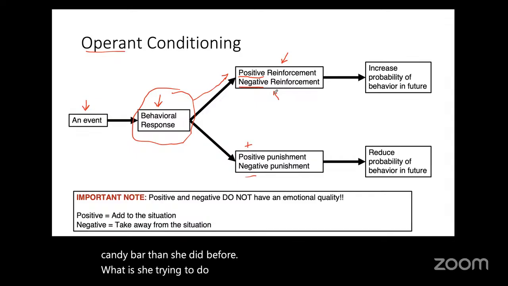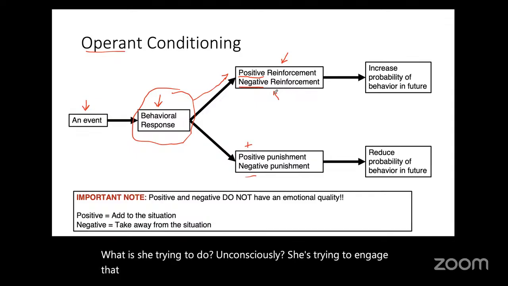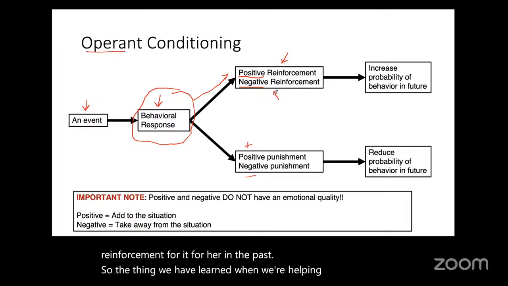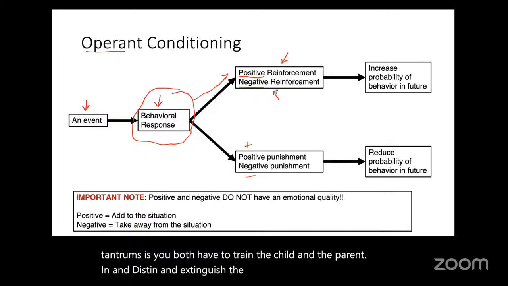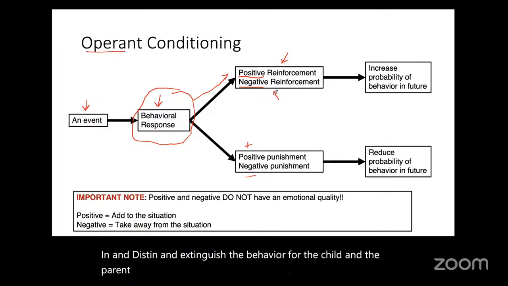She's trying to engage that child in that tantrum behavior because there was a reinforcement for it for her in the past. So the thing we have learned when helping parents with tantrums is you have to train both the child and the parent, and extinguish the behavior for the child and the parent, because they're both in a reinforcement position when it deals with tantrums.